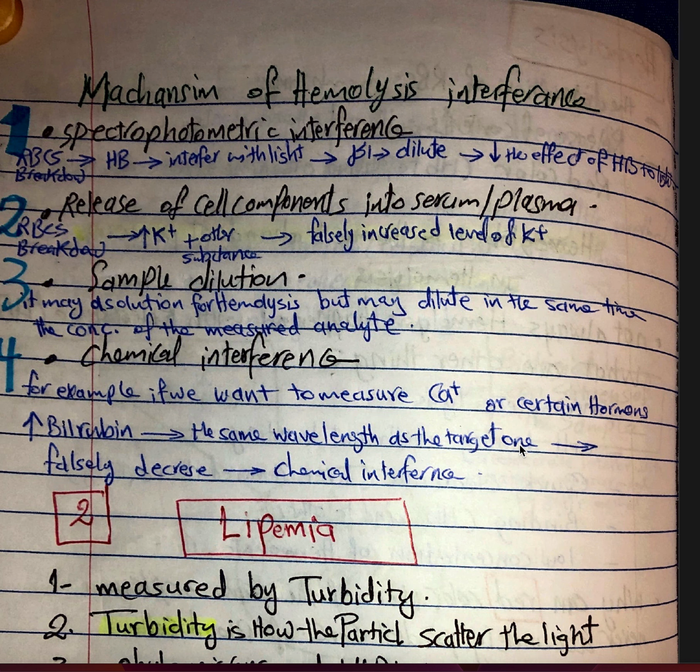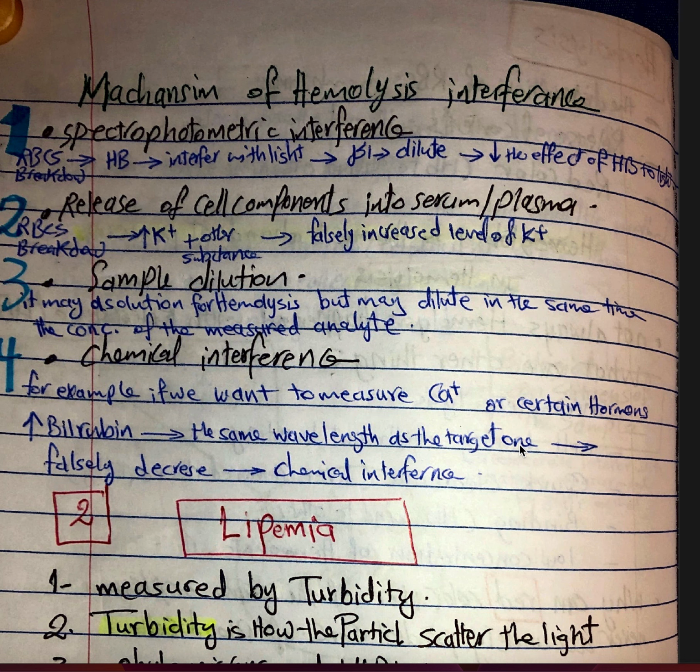The other thing is that it may lead to falsely negative results of ions or analytes due to the release of some components of the RBCs, like the potassium level. The other thing is chemical interference, like when we want to measure calcium or a hormone or specific things, and it has the same wavelength as bilirubin, which is a result of hemolysis, and that leads to a false negative or false positive of the specific analyte that I measure.